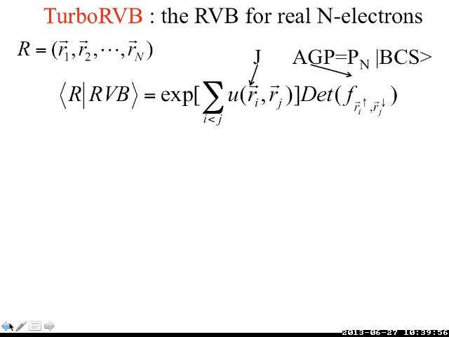So you take a configuration in which the electrons are in given positions, and you get the so-called antisymmetrized geminal power, AGP, when you project on a given number of particles. It is a name borrowed from quantum chemists. You have to compute a determinant, something that is computable, in which the rows and the columns are represented by the coordinates of the electrons with spin up and spin down.